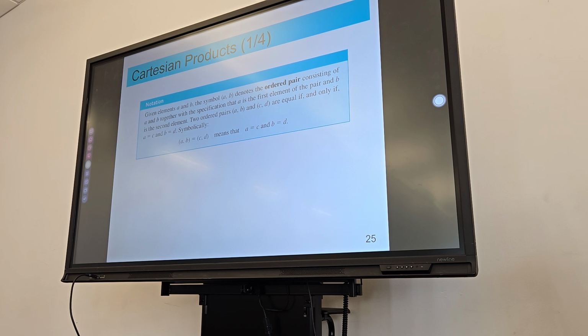The ordered pairs (A, B) and (C, D) are equal if and only if A equals C and B equals D.